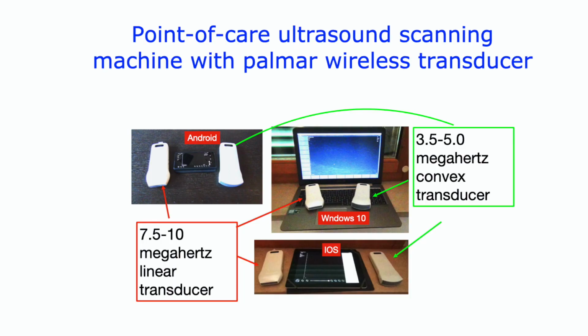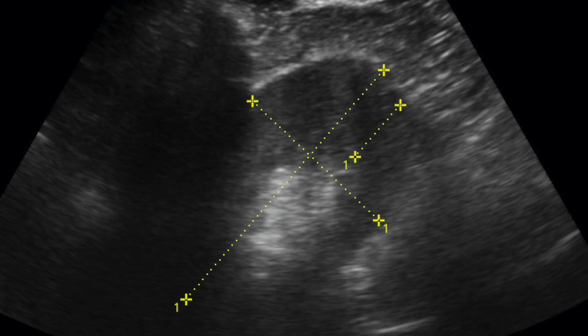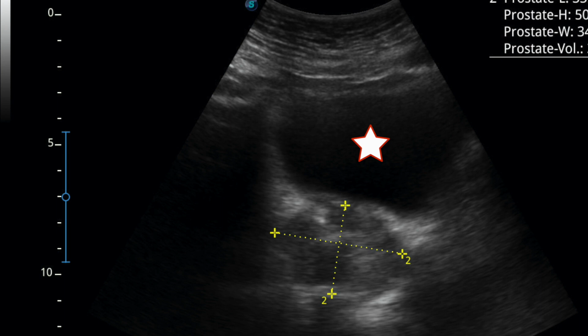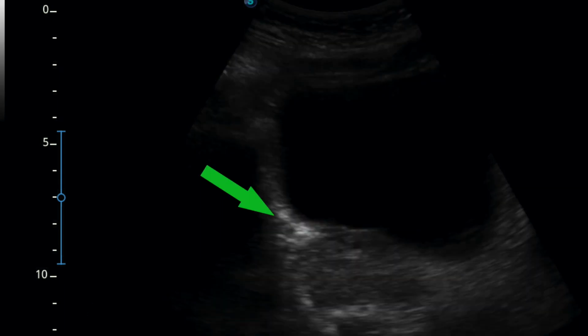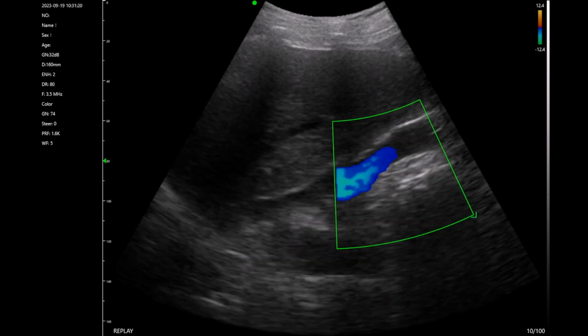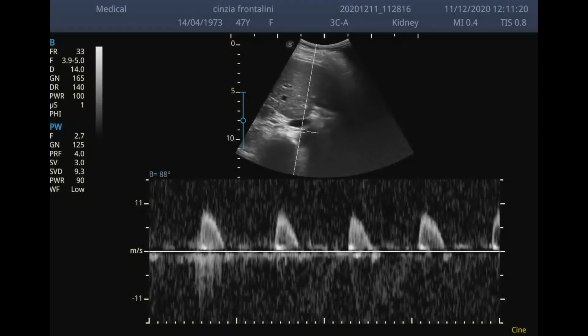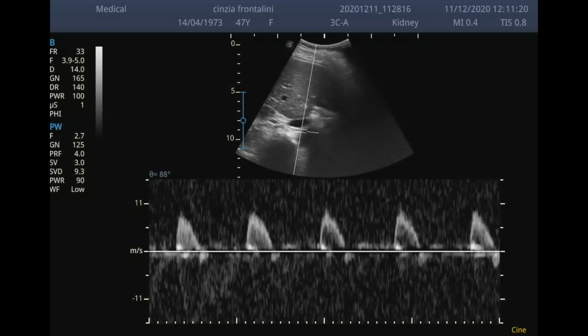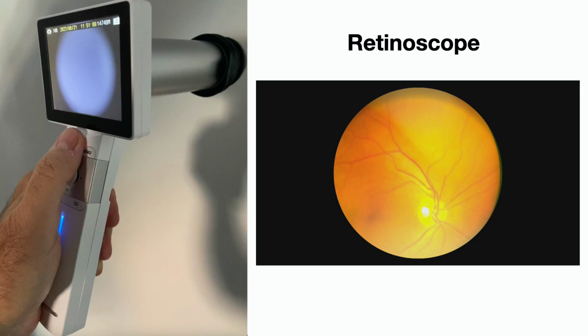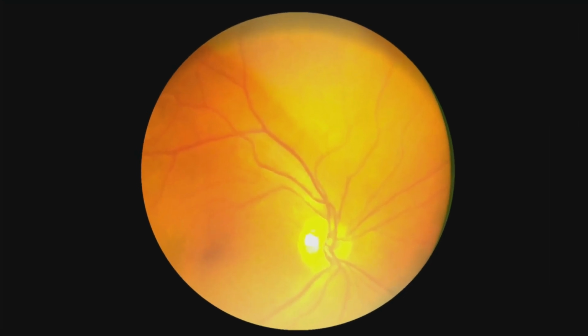The ultrasound scanning machine, even pocket-sized, at the patient's bedside, provides quick diagnostic completion by exploring the morphology of kidneys, bladder, prostate, seminal vesicles. The color Doppler mode and the continuous wave Doppler support the differential diagnosis of a kidney blood flow. The morphology of the blood vessels in the fundus oculi is consistent with the one in the kidneys.